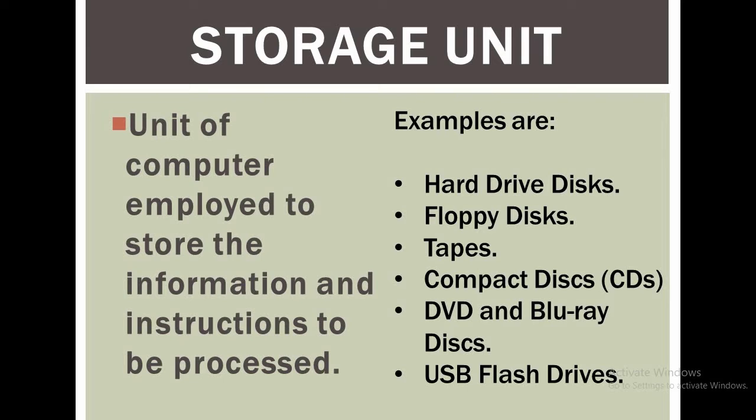The next one is the storage unit. This is a unit of the computer employed to store the information and instructions to be processed. That is to say that the storage unit can also store data, because when we talk about instructions to be processed, that has to do with data, what you feed to the computer through the input unit.